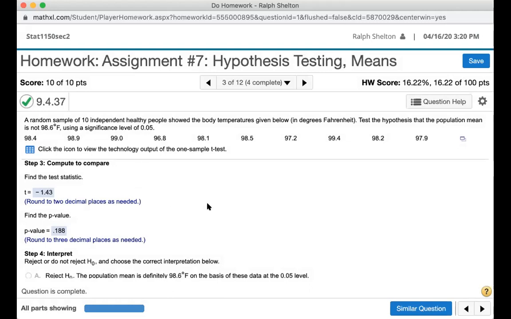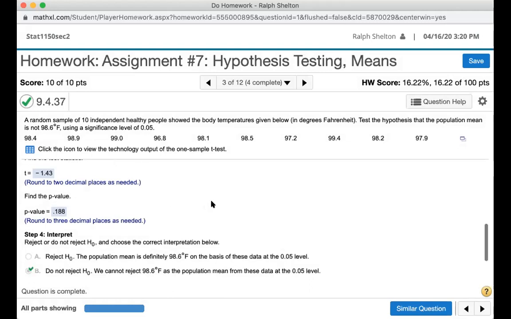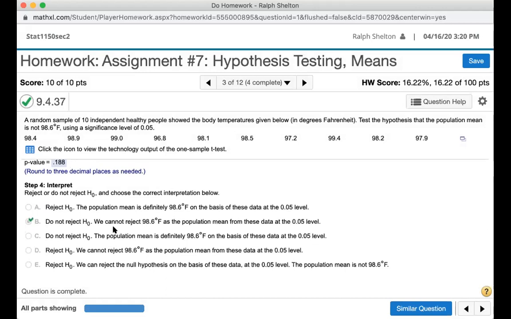So let's look at the questions and answer them. We do not reject. There's two of these that say do not reject. And this one says we're not rejecting it. Population mean is definitely 98.6. Wrong. Just because we don't reject it, that just means that it could actually be 98.6, but we don't know exactly what it is, okay?